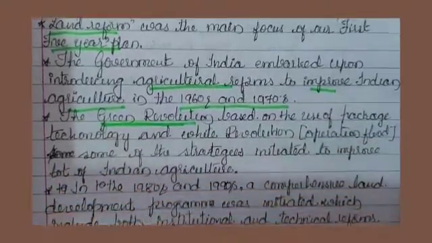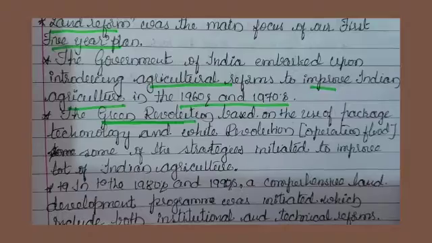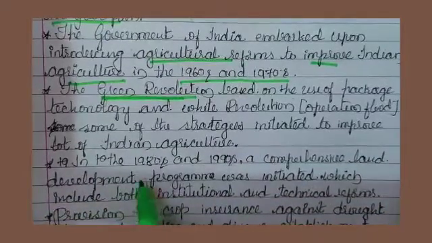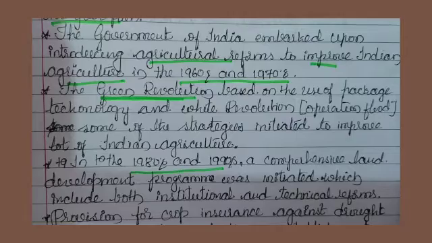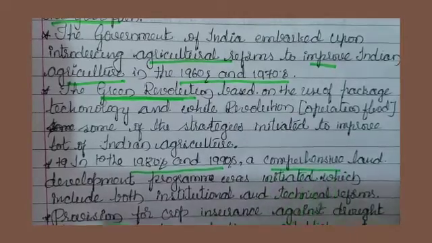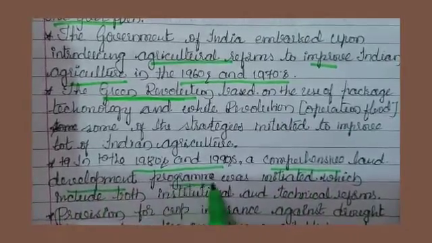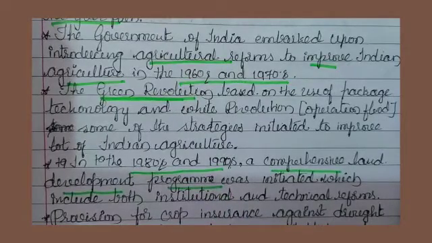Some strategies were initiated to improve Indian agriculture. In the 1980s and 1990s, a comprehensive land development program was introduced, which included both institutional and technical reforms. Technical reforms we already know, that is usage of machines, HYVs, fertilizers, all those things come under here.